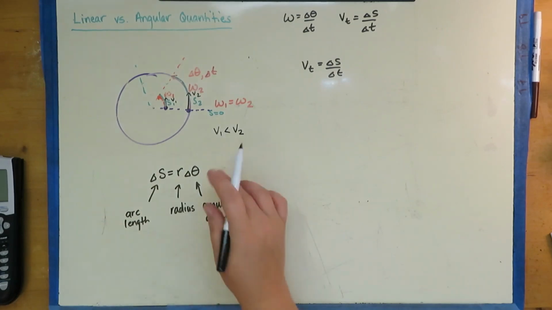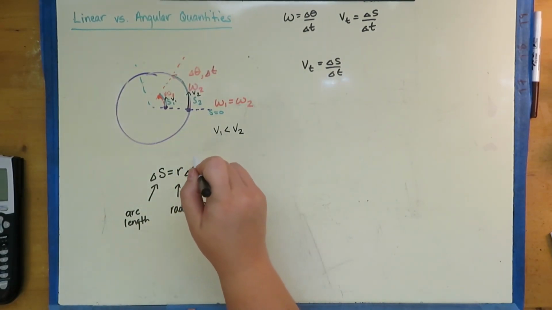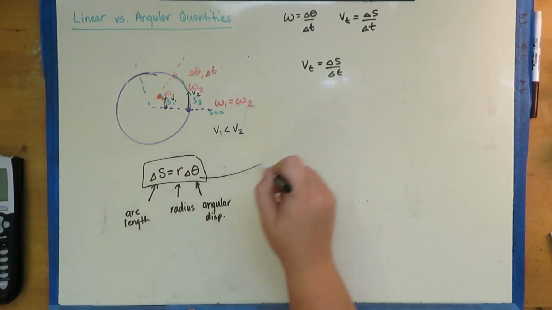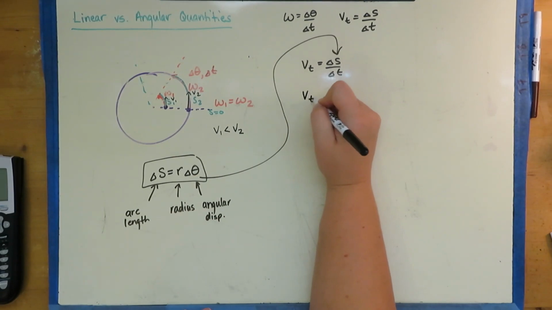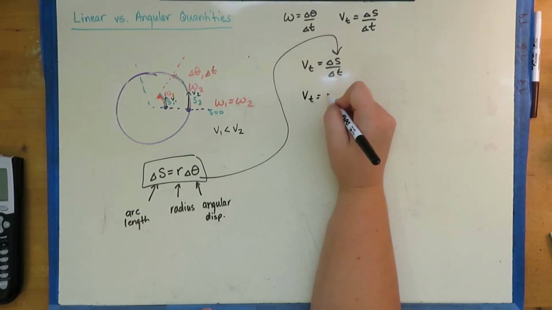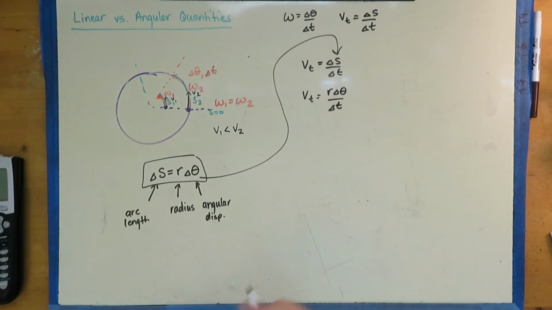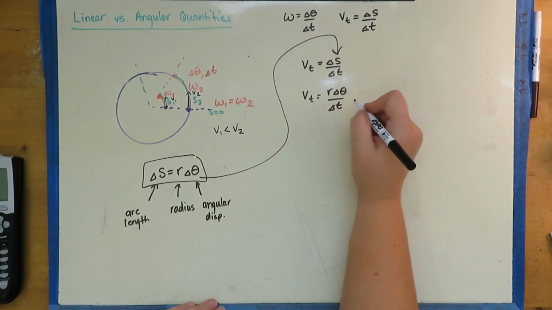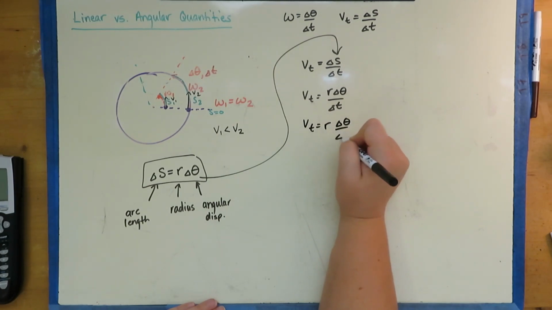So if I take this and sub this in right up here, I get that my tangential velocity is going to be r delta theta over delta t. Well, I'm going to use a property of kind of multiplication and division here, and that I can rearrange this. And so I can say that Vt is equal to r times delta theta over delta t.